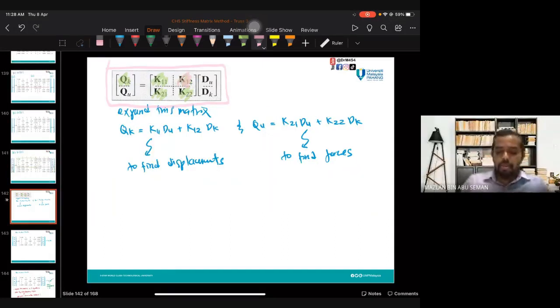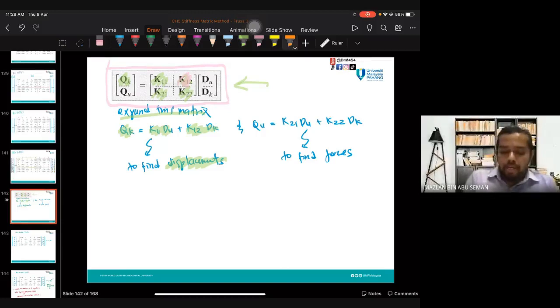Then back to here, we expand this matrix. We're going to have two basic equations. Equation for QK equal to K11 du plus K12 dk. From this equation, we can find our displacement.